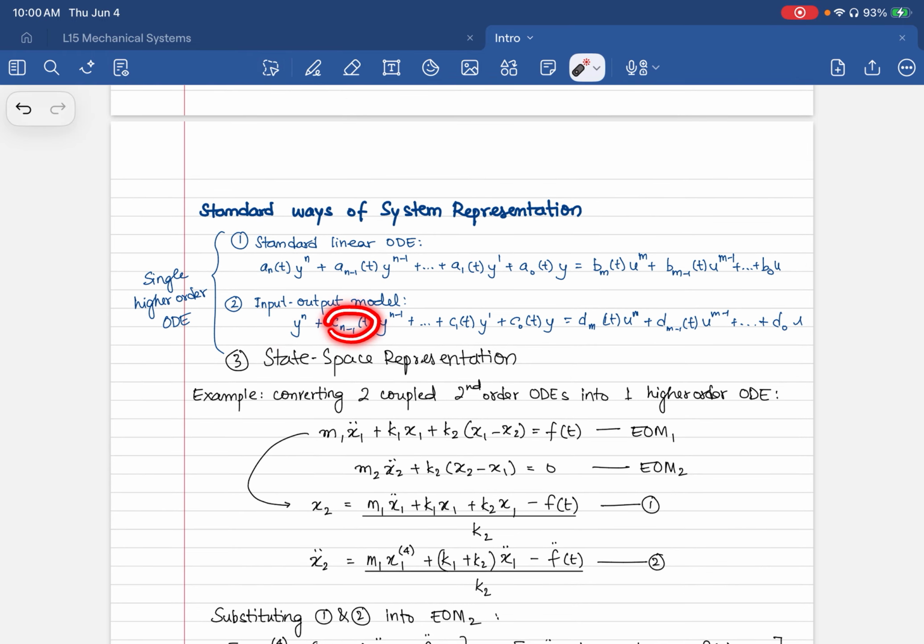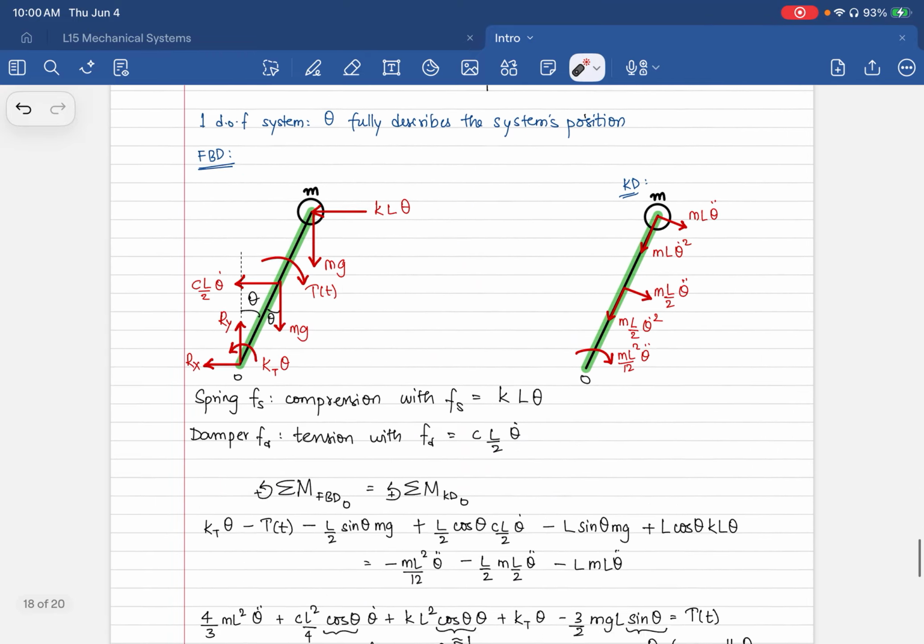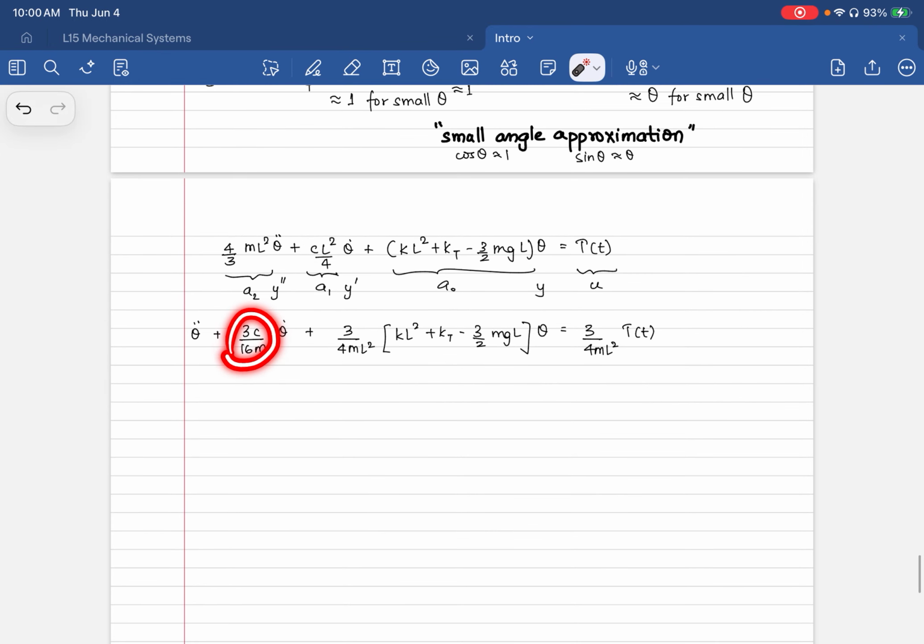So this would be that coefficient that we just defined for y dash. This here is a coefficient of y. And now we have a coefficient for the input, this here being u.